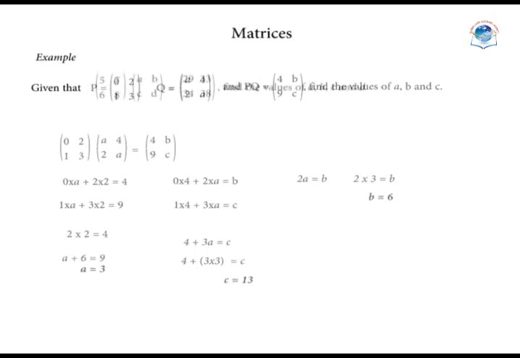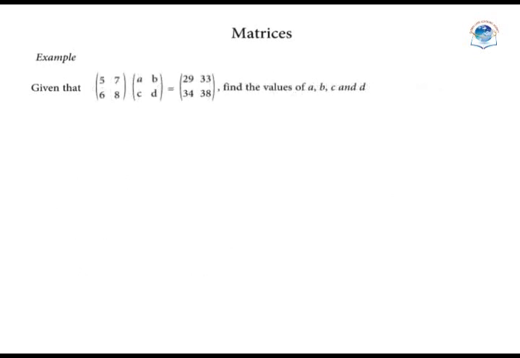The second example, given that 5, 7, 6, 8 times A, B, C, D is equal to 29, 33, 34, 38. Find A, B, C, and D. In this case, we multiply the matrices as usual and equate them to the corresponding values of the product matrix.